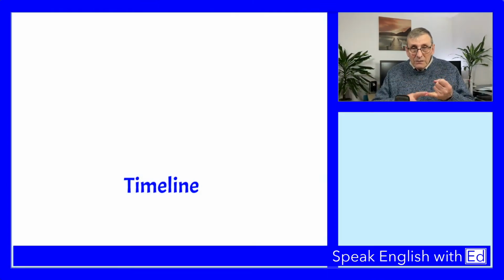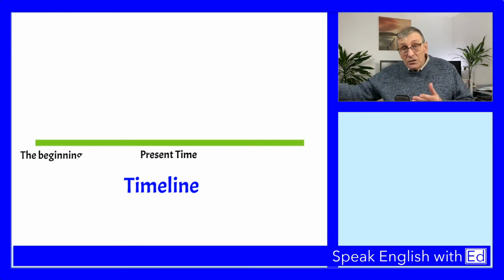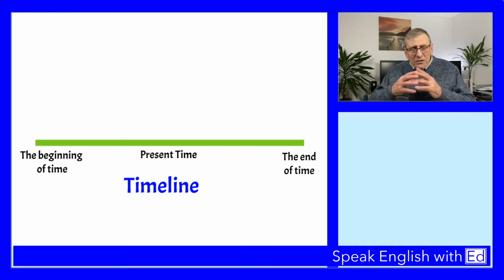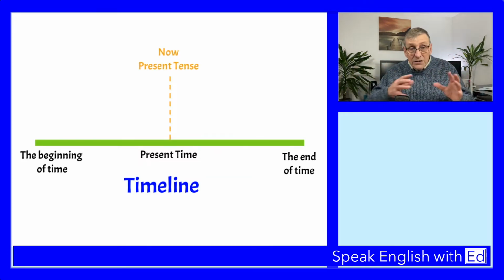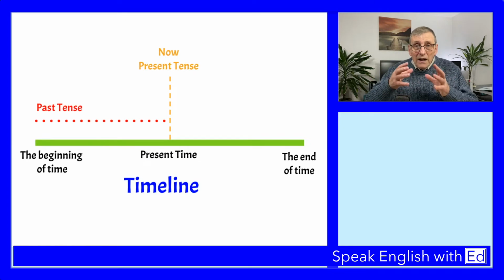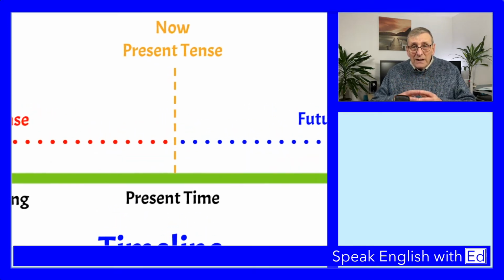There's the present, which is now. There's the past, which is already gone, and there's the future, which is yet to come. And we can talk about actions in all these 3 different frames by using different tenses. So the one that we're going to talk about today is the present simple tense.